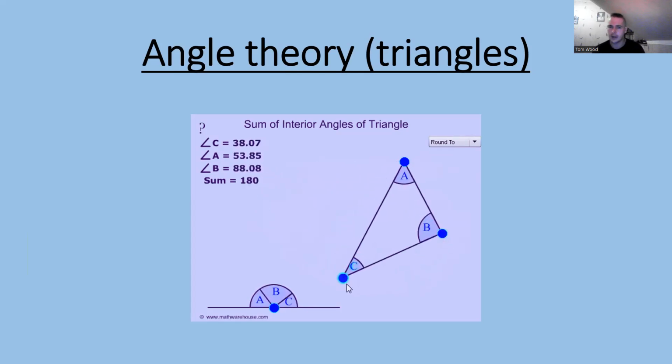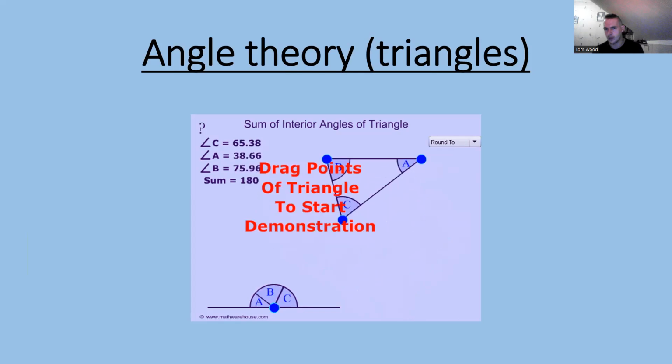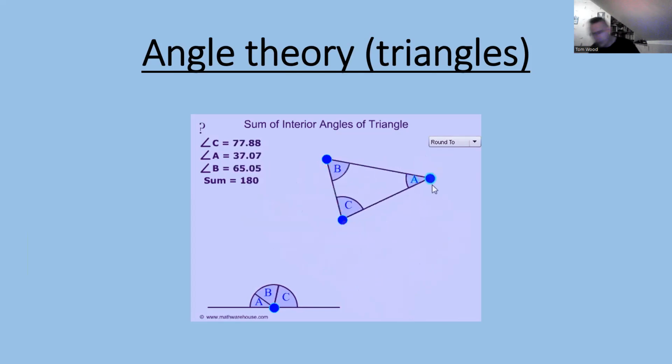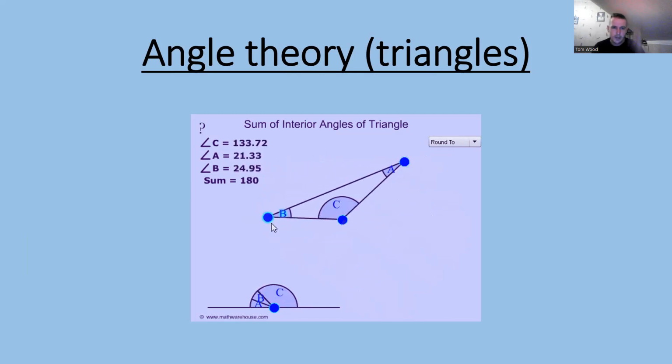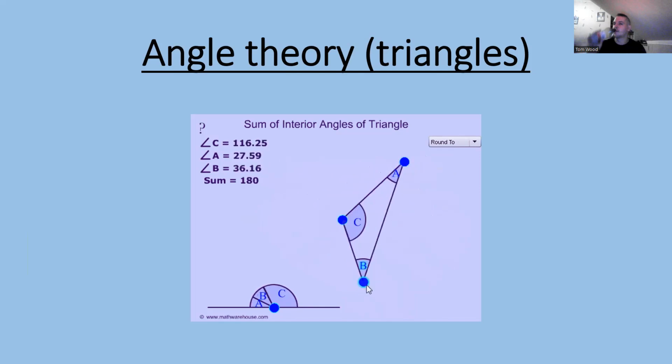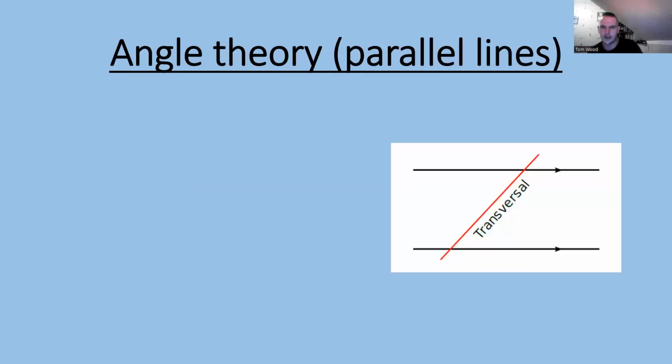So one angle will get bigger, which means the other will get smaller. Just a bit of a visual demonstration there. This is the exact same if it was a quadrilateral. It's just to show that all of these angles are going to be the same. So it'll always be 180 degrees there.